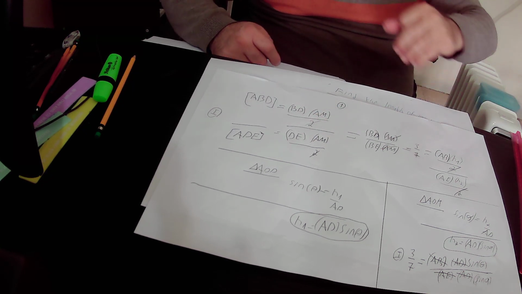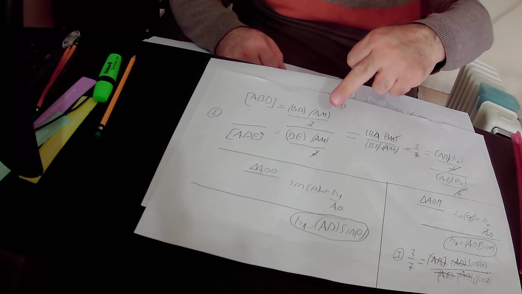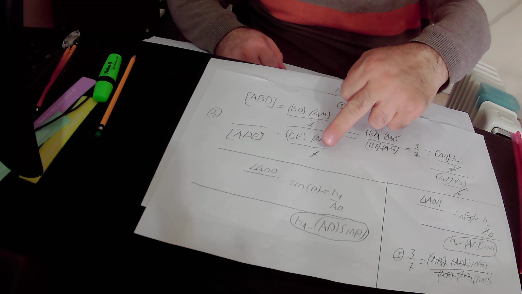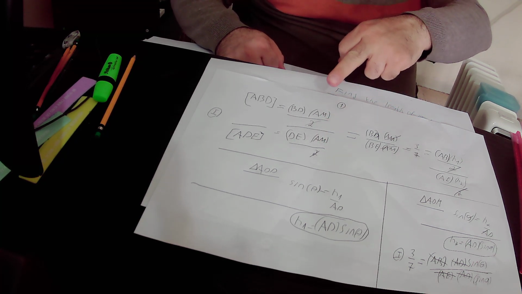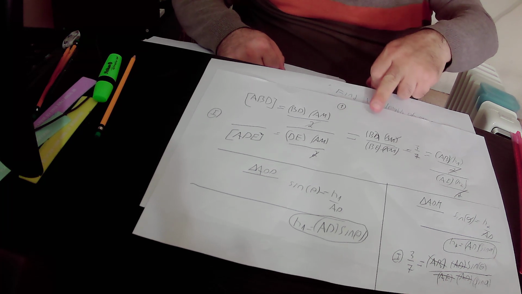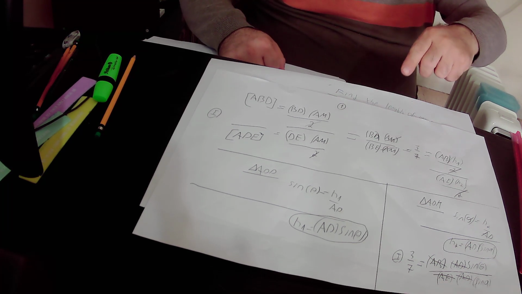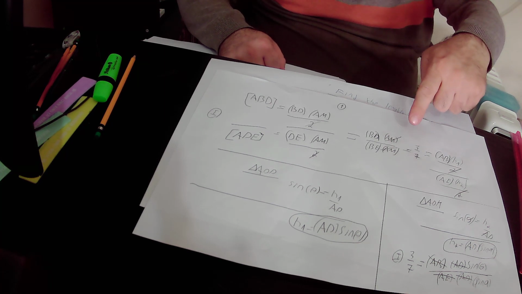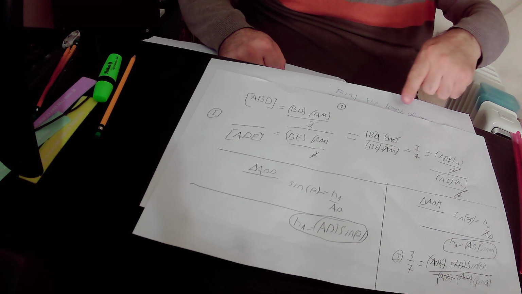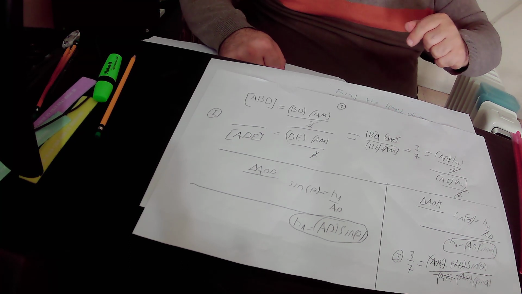Here we have 2 in the numerator and 2 in the denominator, so 2 will get cancelled. And from this expression we get that BD times AM over DE times AM. Here AM over AM is 1, so it will get cancelled, and we are left only with BD over DE.